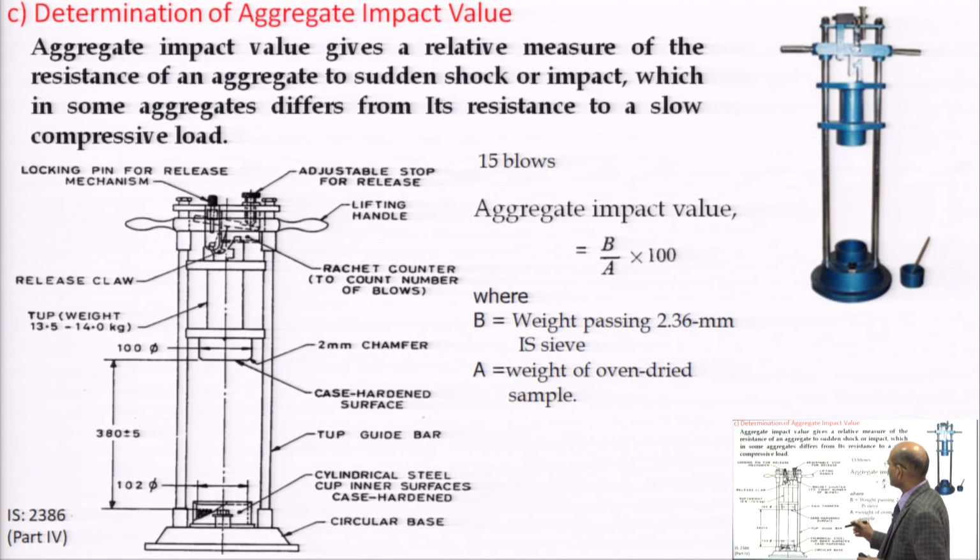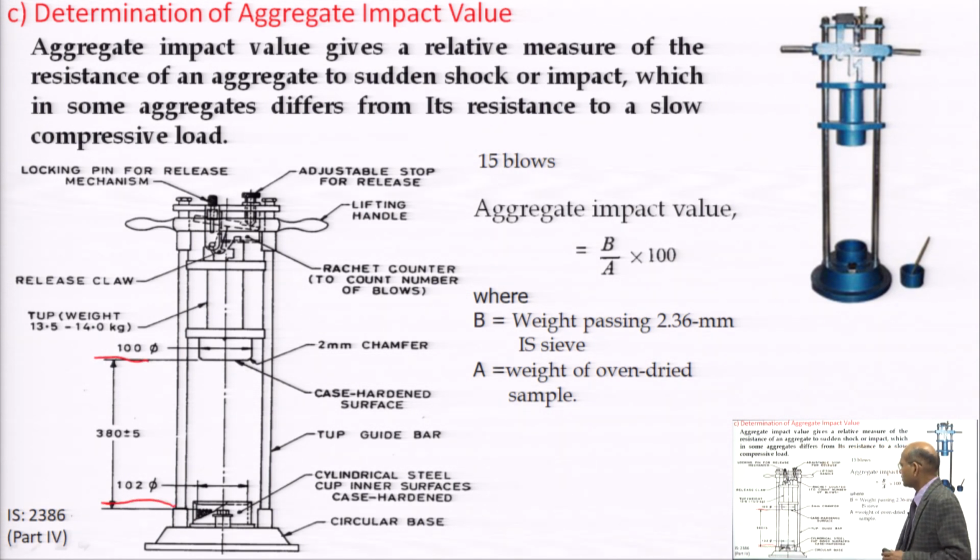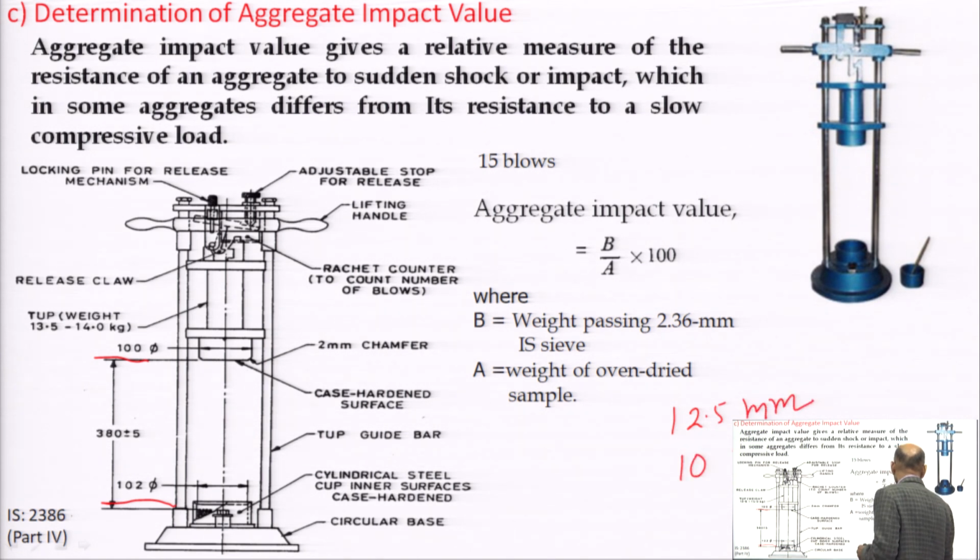There is a plunger having a weight of around 13.5 to 14 kg, and you have to drop it from a height of 380 mm. We have to place the aggregate passing through the 12.5 mm sieve and retained on the 10 mm sieve in this cup.